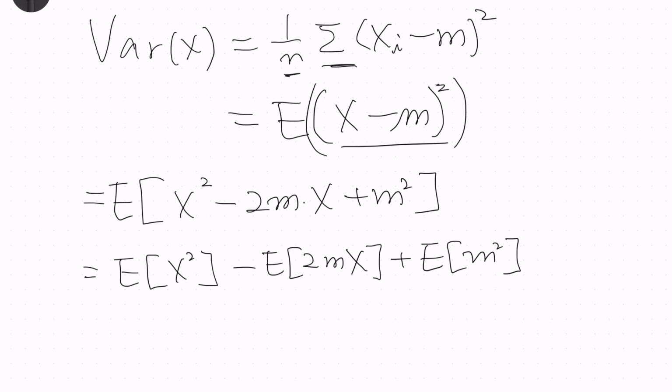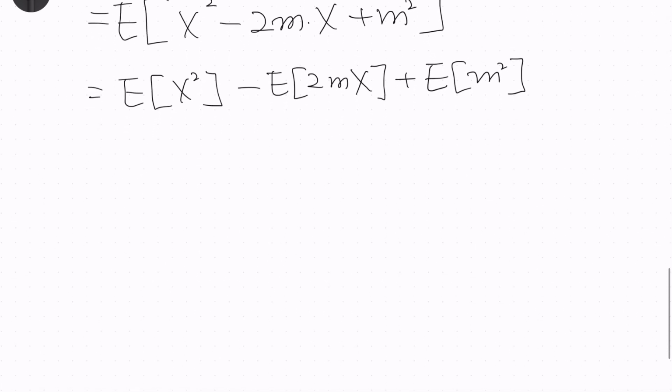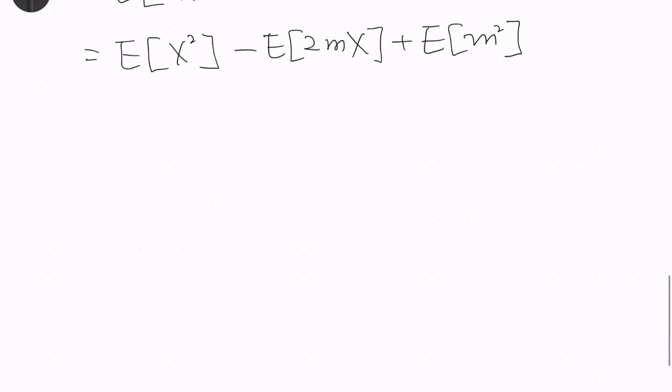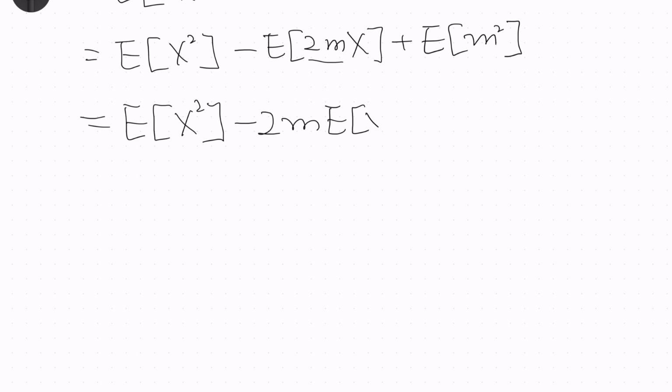But if you know the characteristic of the expectation operator, if this is multiplied by a certain constant number, you can just take it out. So 2m can go out. It is 2m times the expected value of x, and m itself is just a constant number, so it will be just m squared.